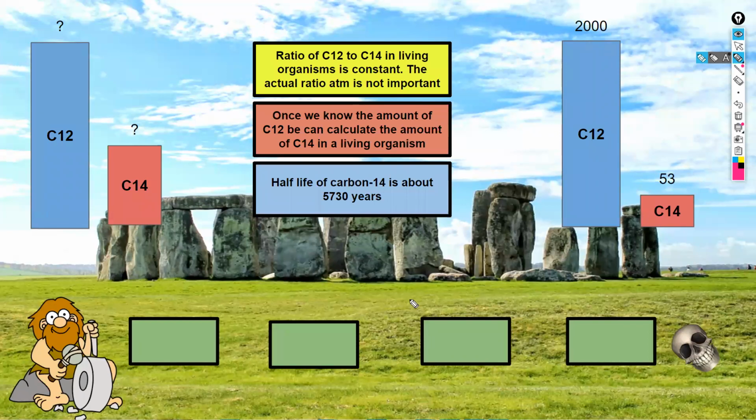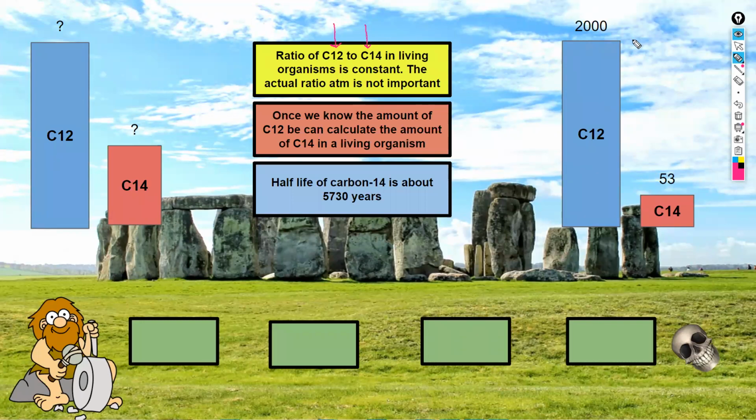And this is what happens to all living organisms, right? Whether it be animals, whether it be plants. In our environment, there's two substances you can definitely find. Carbon 12, that's C12, the C stands for carbon, and there is C14, carbon 14.